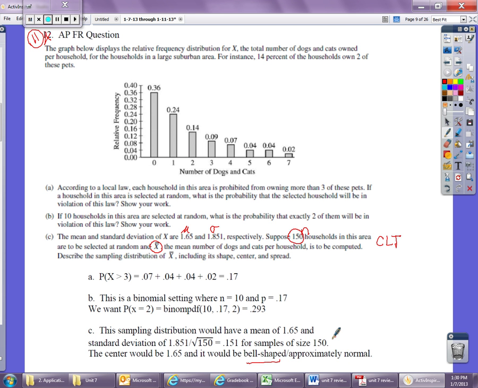Okay, and again calculating the standard deviation for this would be describing the sampling distribution, shape, center, and spread. Okay, so that would be helpful.